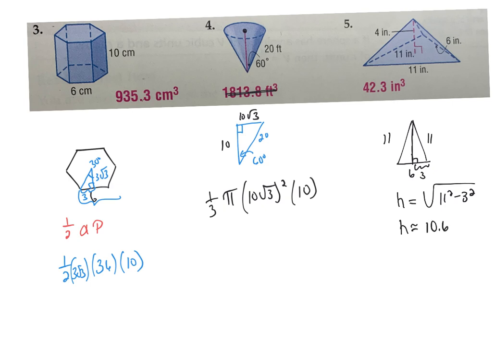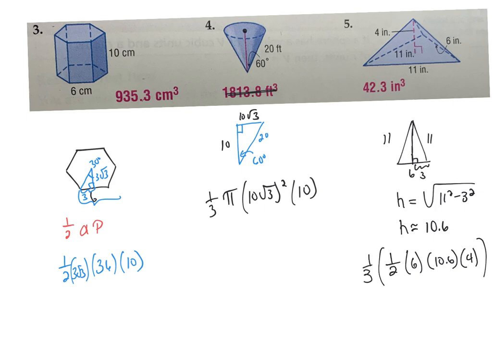All right, so on this one, your base is 1/2 base times height, right, for your triangle. So 1/2 your 6 times your 10.6, okay? And then you have to multiply that by the height of the actual pyramid, which is 4, right? And then you also have to multiply that whole thing by 1/3.